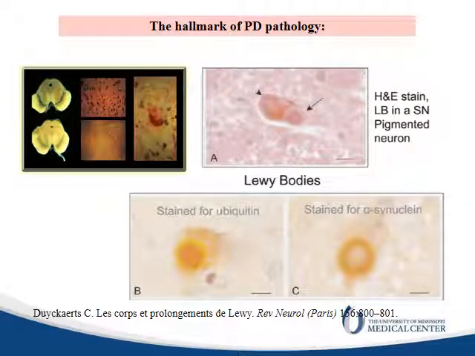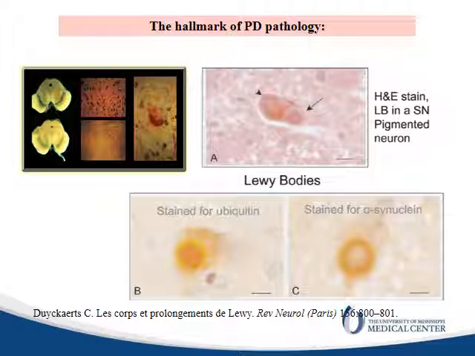So this slide shows different levels of pathological findings. This is the gross anatomy finding with decreased pigmentation of the substantia nigra due to neuronal loss. And here is the Lewy body with the halo.